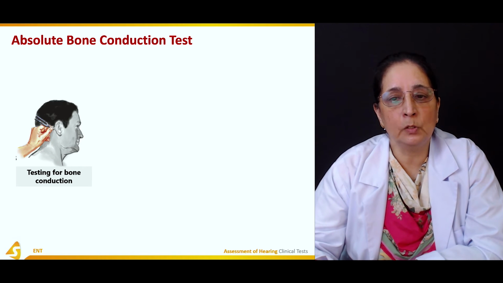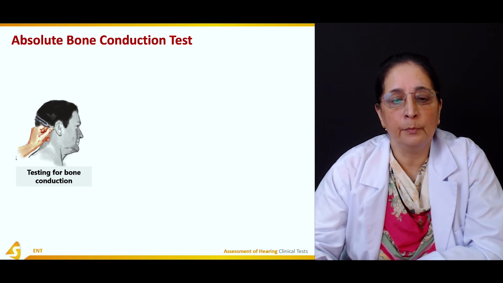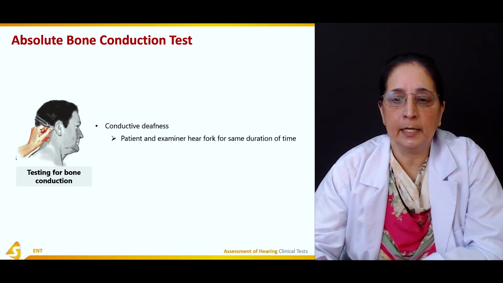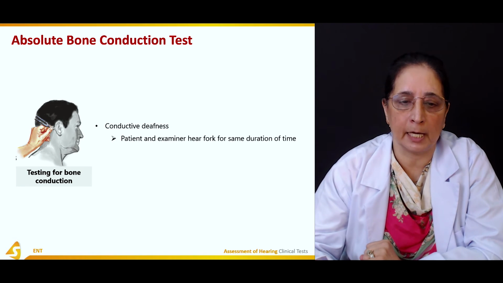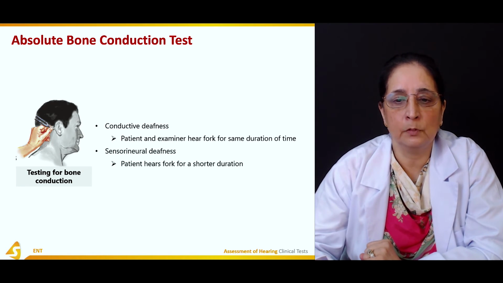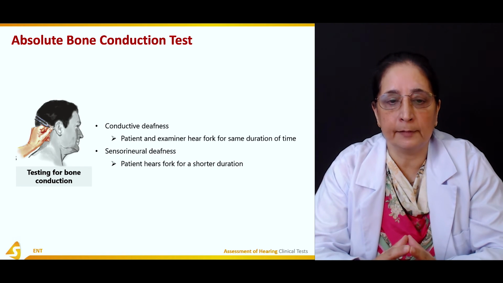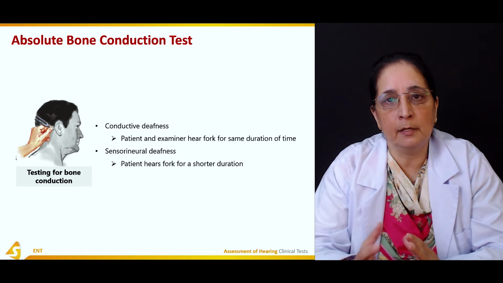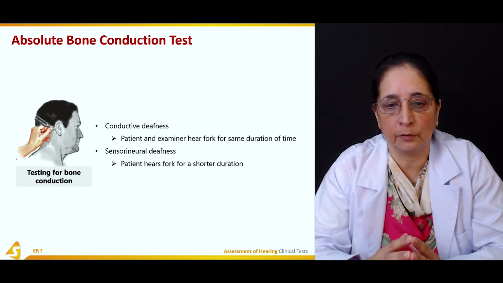Next is the absolute bone conduction test. It is the test for bone conduction and is used for conductive deafness. In conductive deafness, the patient and the examiner will both hear the tuning fork for the same duration of time.